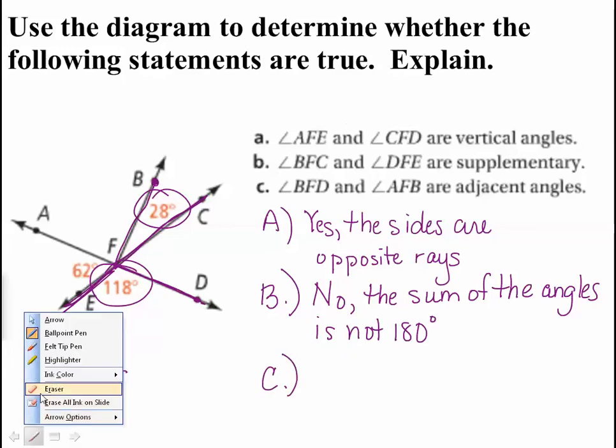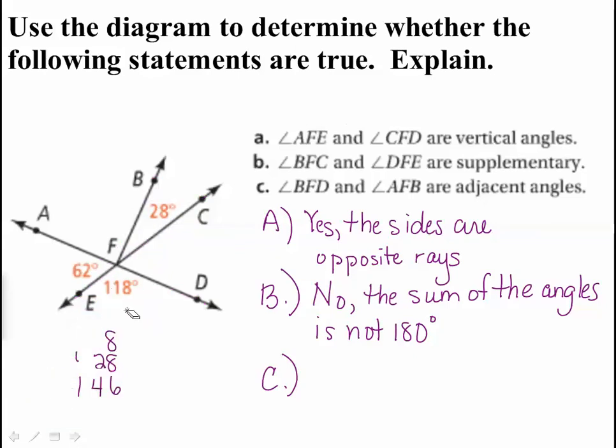Now let's look at letter C together. Letter C says angle BFD and angle AFB.